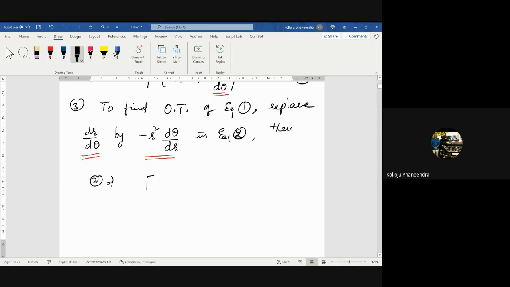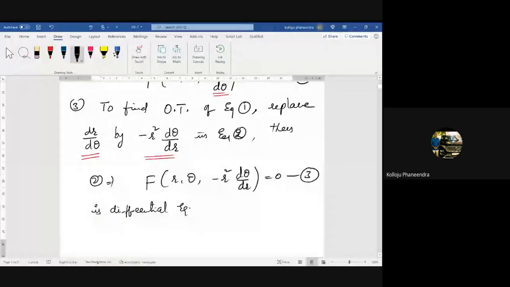Then it becomes capital F of r, theta, minus r square d theta by dr equal to 0. Equation 3 is the differential equation of the orthogonal trajectory family.